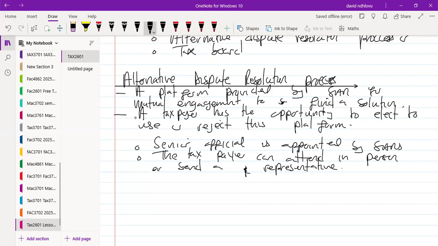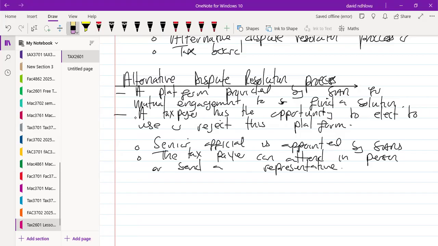Right. So because this is just a platform where you can go and discuss with SARS, you can still continue having a dispute after. So it is possible that this process does not solve the problem. If it does not solve the problem, then you proceed now to the tax board.